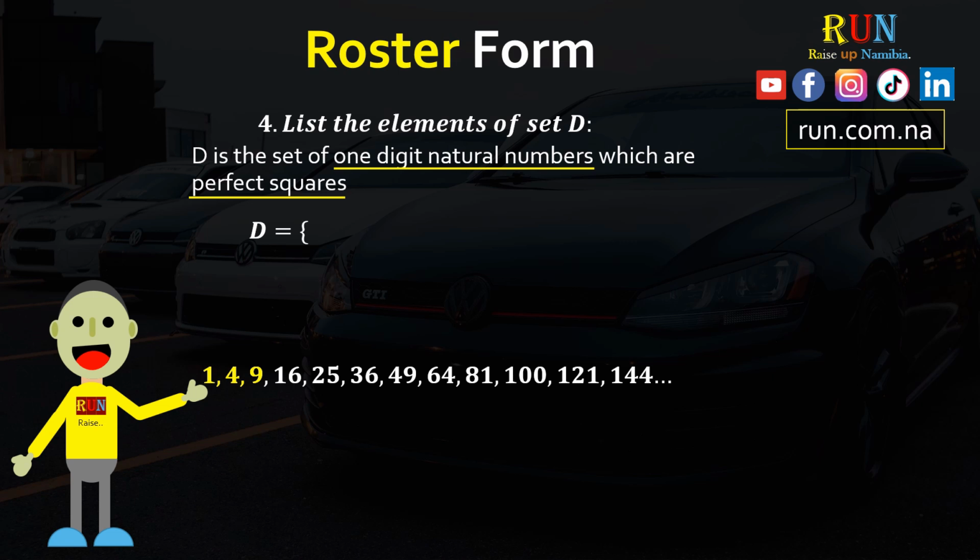And then from 100 again to 144 there, we can see that those are 3 digits. So the 1 digit is only 1, 4, 9. So that means those are our elements. And just like that, you have just listed the elements of set D. Okay?